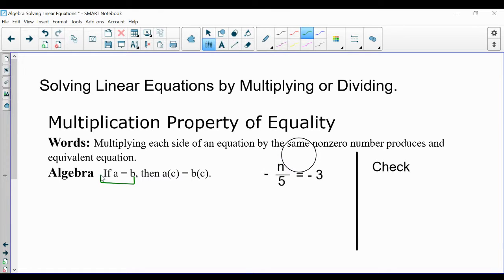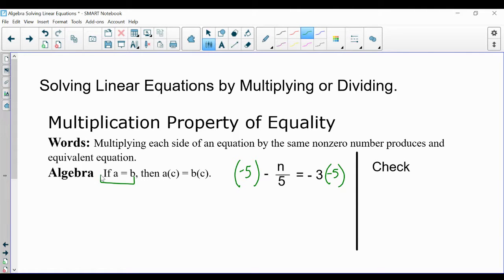I need to isolate that variable in the numerator. Therefore, I know it's a division problem, so I'm going to multiply by whatever the denominator is. The denominator is a -5 because I need that variable to be positive in the end. So then I'm going to multiply both sides here by a -5.